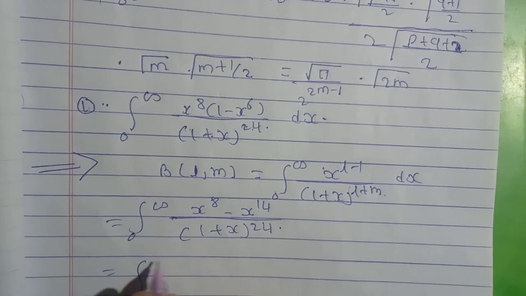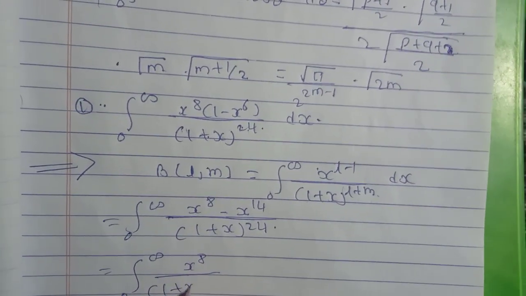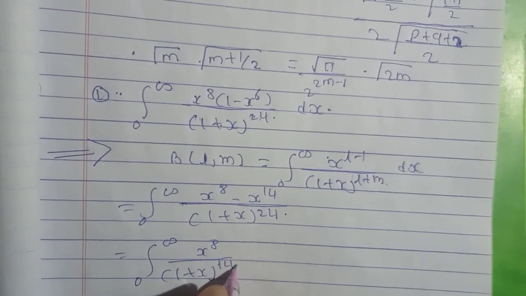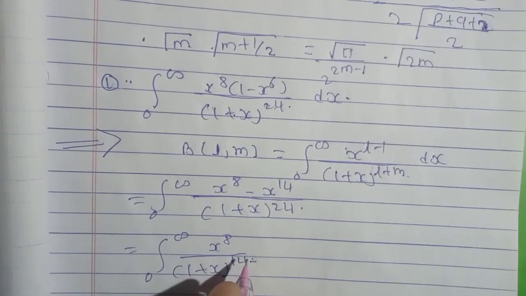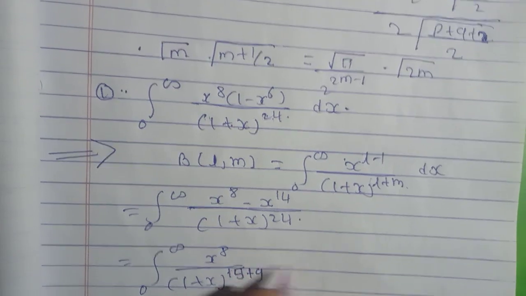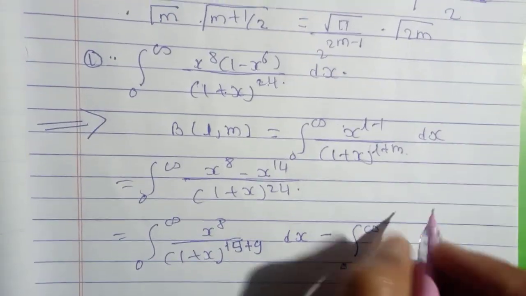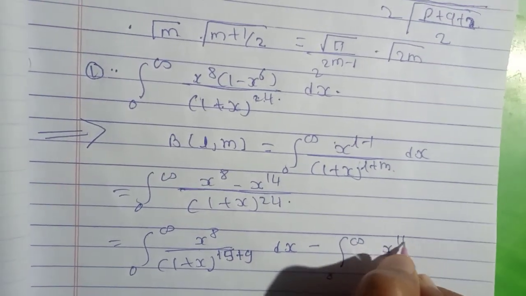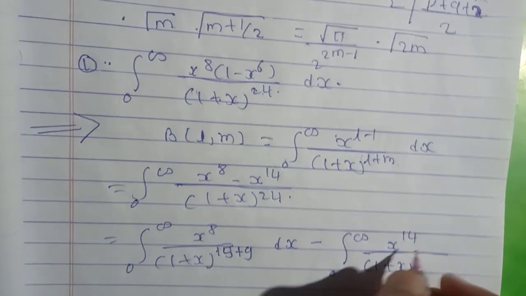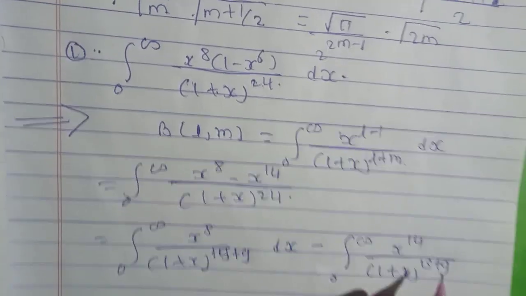Then integration 0 to infinity x raised to 8 divided by 1 plus x raised to 24 dx minus integration 0 to infinity x raised to 14 divided by 1 plus x raised to 24 dx.